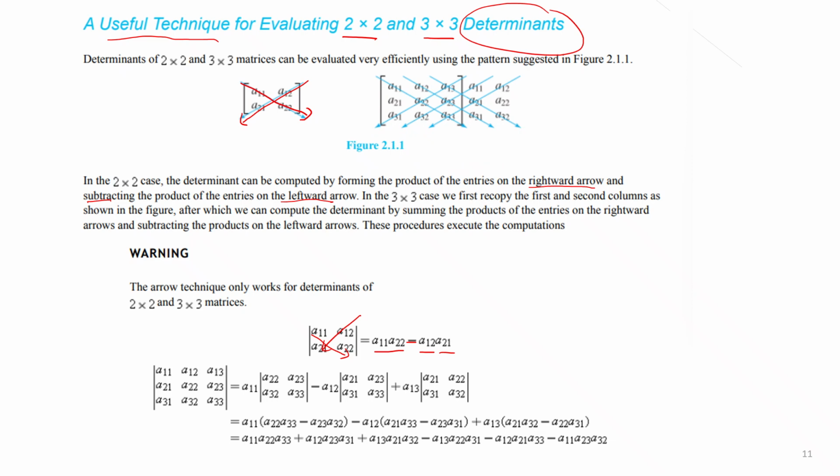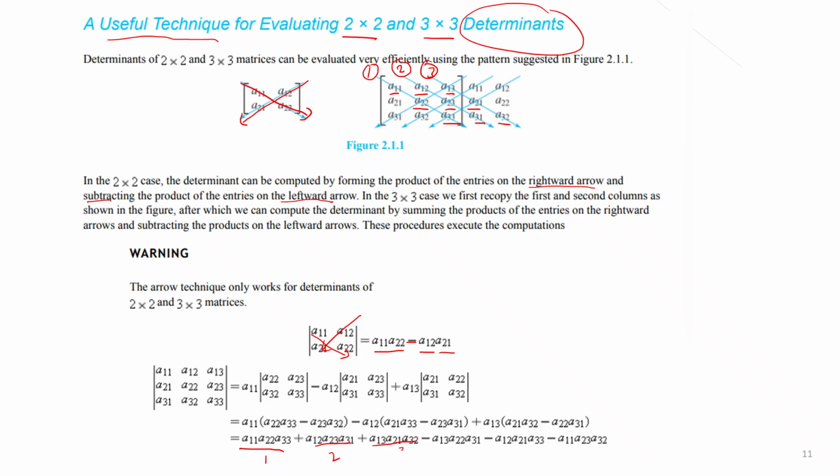So the first term is a11 a22 a33. Then plus a12 a23 a31, this second one. And then the third one is plus a13 multiplied by a21 multiplied by a32.